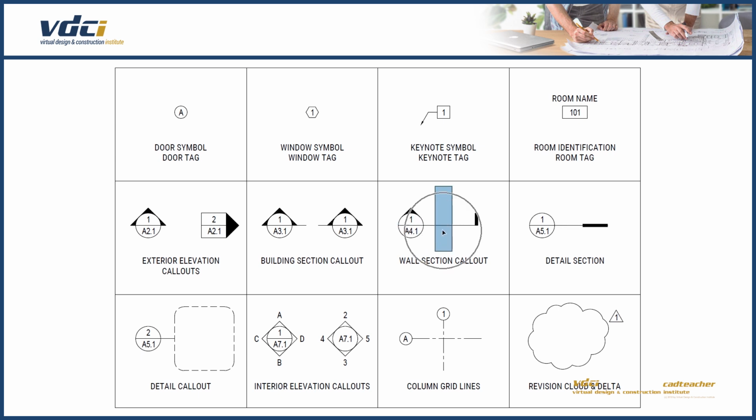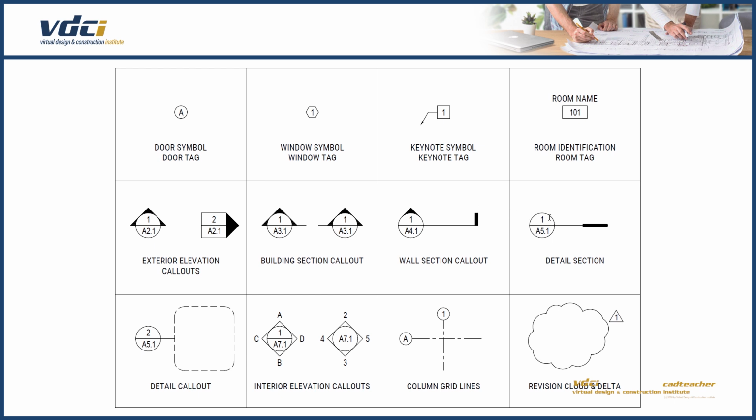So there's the slice, but it's cutting through the wall section right there. It's looking up. You can see the arrow. You can see the little leader end, and it would say, go look on page A4.1, image 1, to see the wall section.